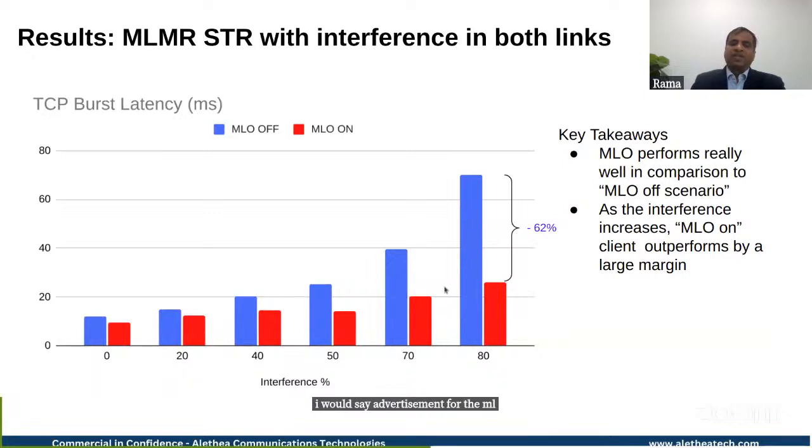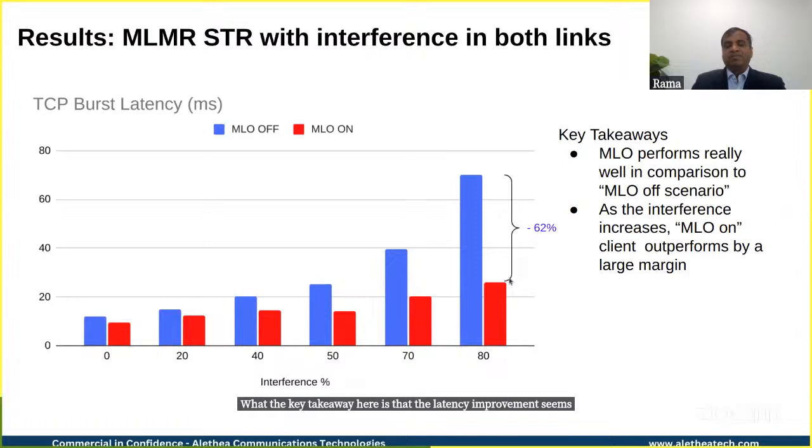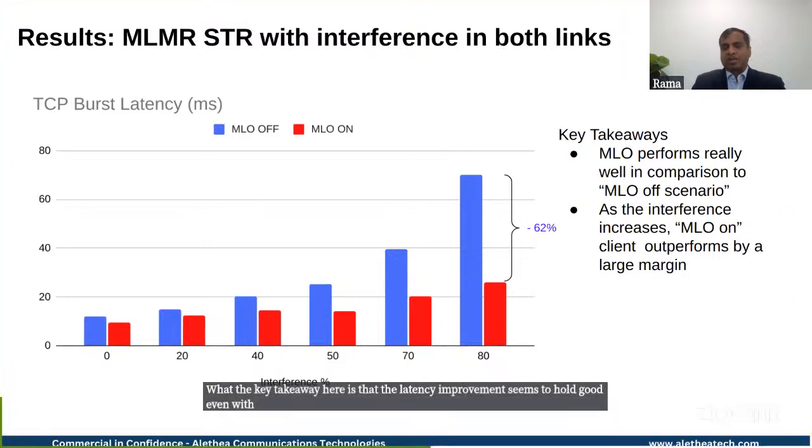It is kind of living up to the promise of lower latency at large amounts of interference or congestion from neighboring BSSs and so on. So the key takeaway here is that the latency improvement seems to hold good even with interference on both links.